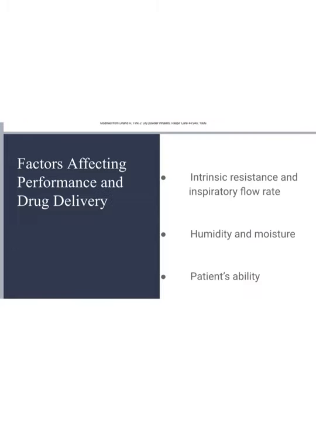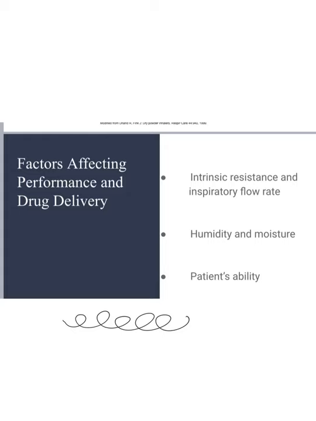So these are some factors that affect performance and the delivery of the drug with a DPI. Intrinsic resistance and inspiratory flow rate. They need to create that inspiratory flow because remember, turbulent flow is what's going to help pull that dry medication out of the inhaler and into the airways.